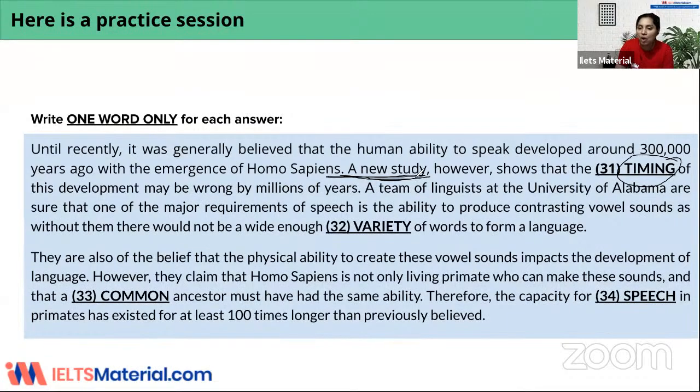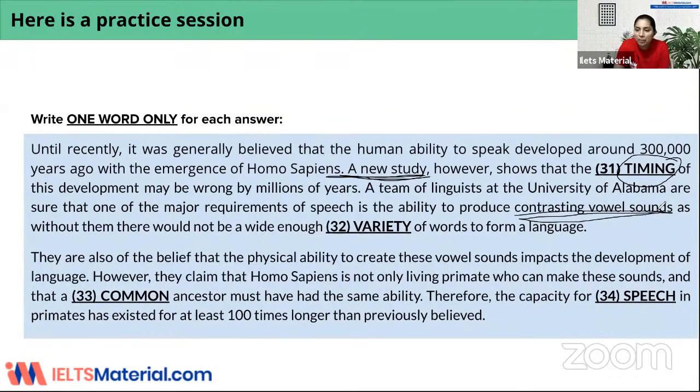And then a team of linguistic people at the University of Alabama are sure that one of the major requirements of speech is the ability to produce contrasting vowel sounds. And when they said this contrasting vowel sounds, they said very clearly about met, meet, mate, might, and there was also moat, right? So all the vowel sounds were there.